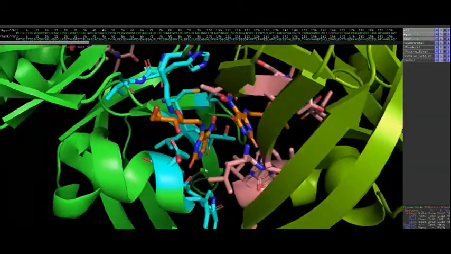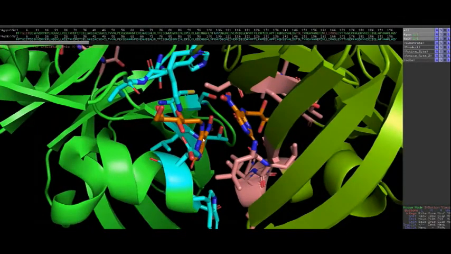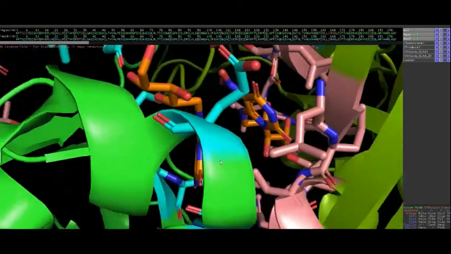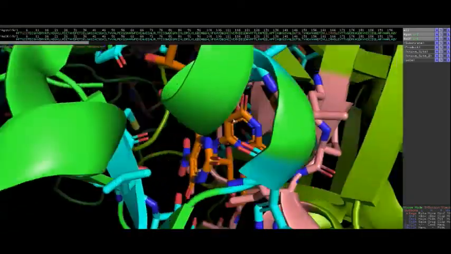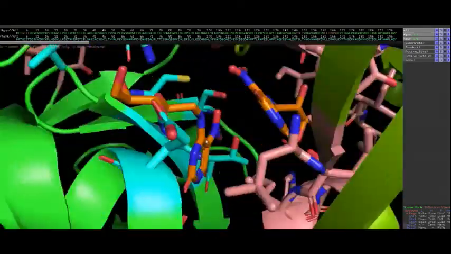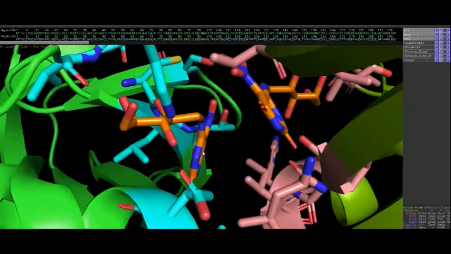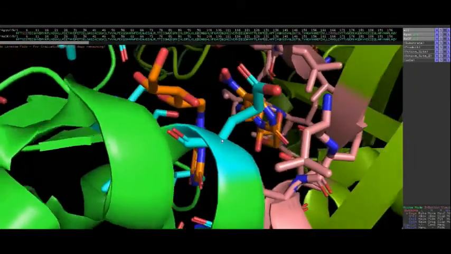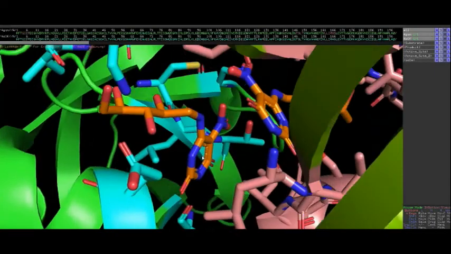And so we can see here 2 of these brought together. So these are 2 of these substrate analogs brought together here.